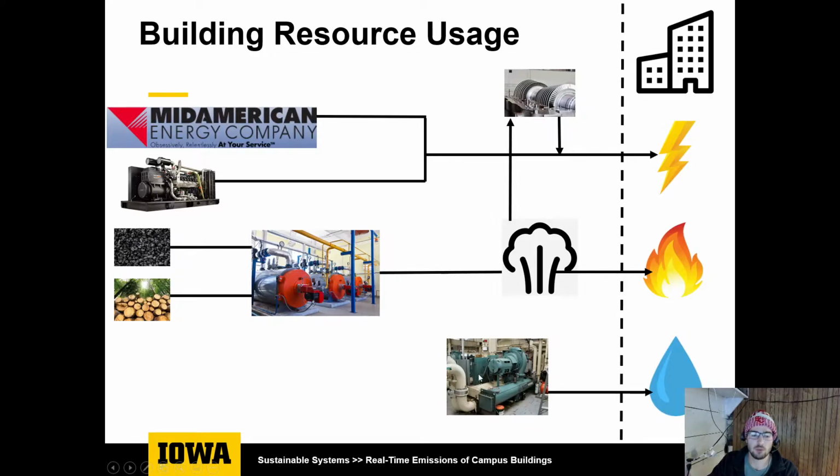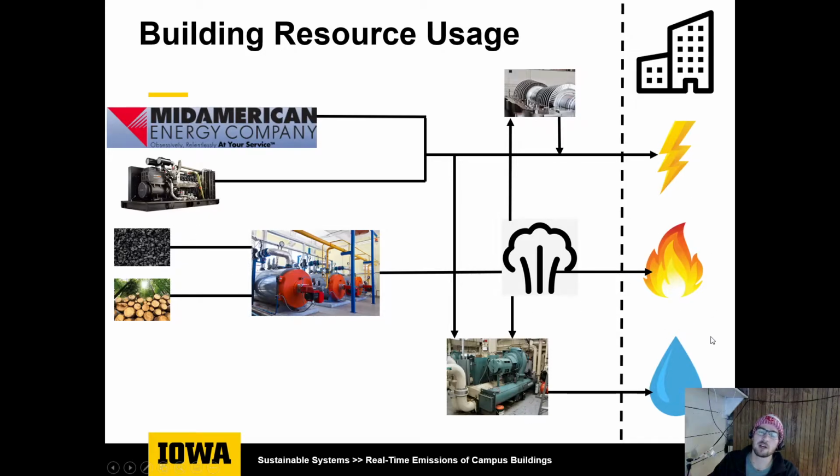Our last resource is chilled water. We generate chilled water in our chilled water plants, either by feeding electric into an electric chiller, or this is another place the steam could go. We have steam chillers that use steam to generate chilled water. Electric has its carbon emissions from these three sources, and steam has its carbon emissions from these sources.